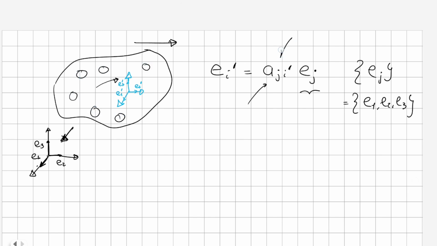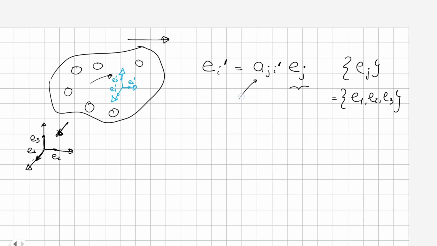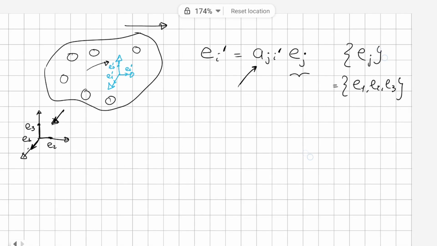And these elements A, which are the elements of the matrix, also depend on the time. So we know that we can express a change of basis if we make a rotation of the coordinate systems.